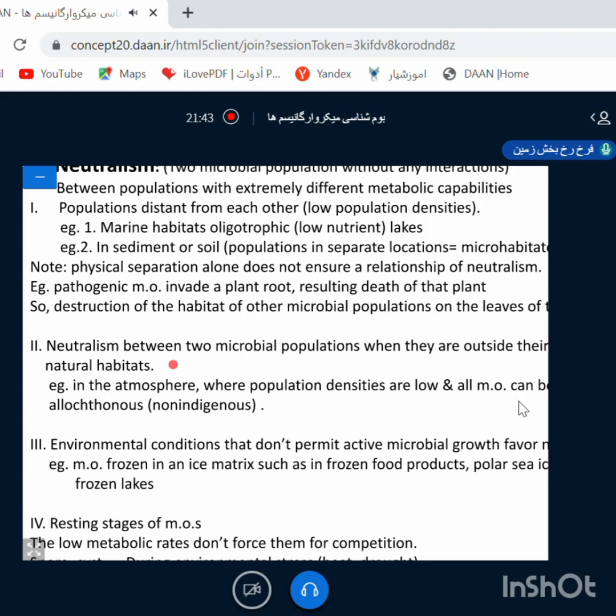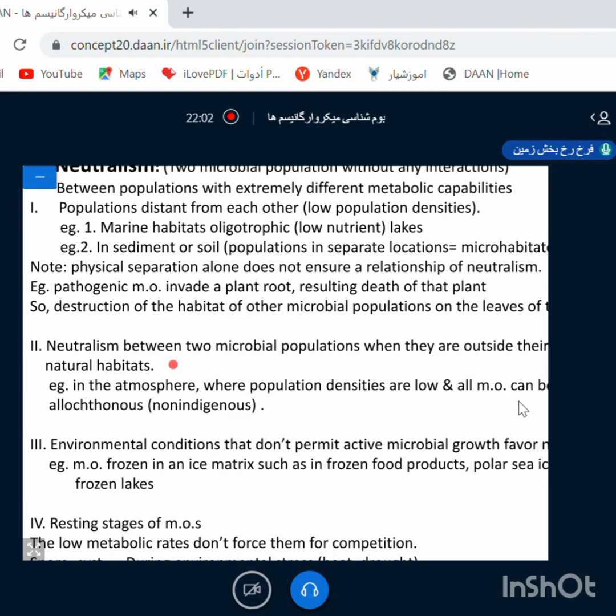In soil, there are many native microbes. In different types of waters there are many types of native microbes. Air doesn't have any native microbes.